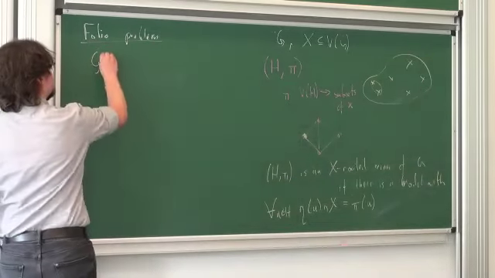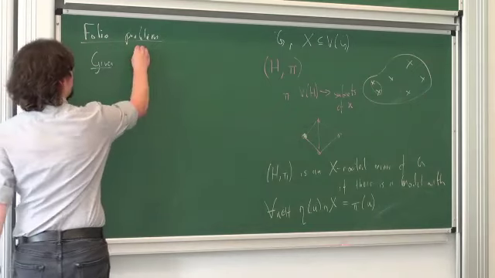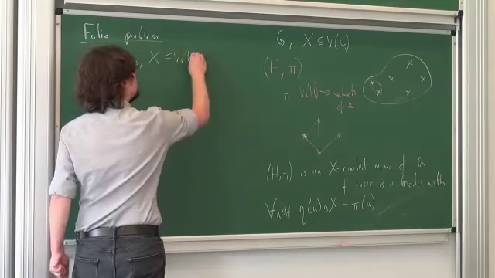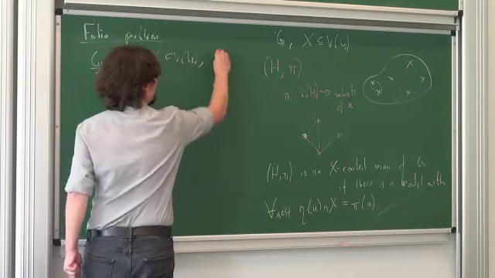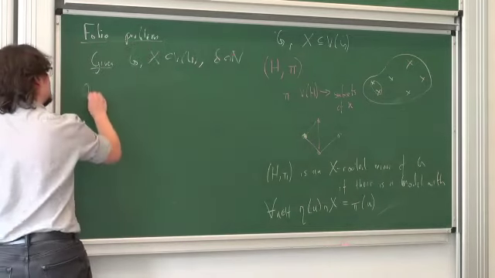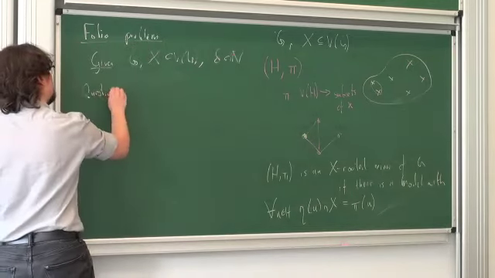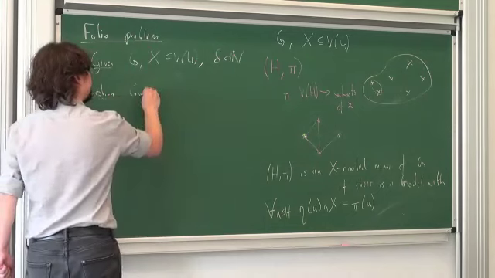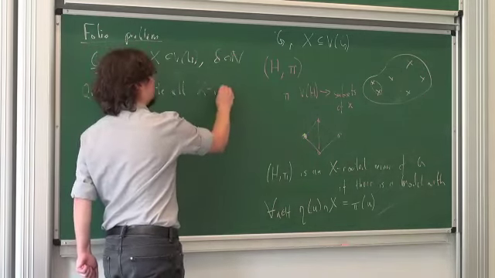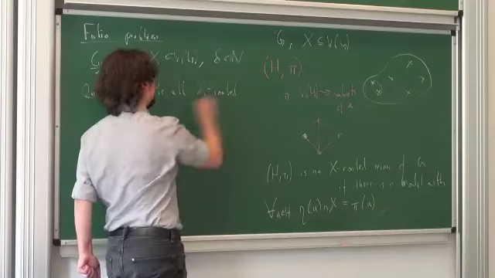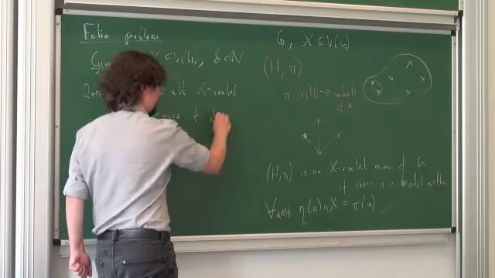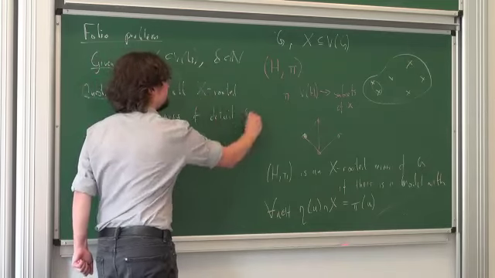We are given a graph G, we are given a subset of vertices X, and we are given some number delta, and the question is to compute all X-rooted minors of so-called detail delta.